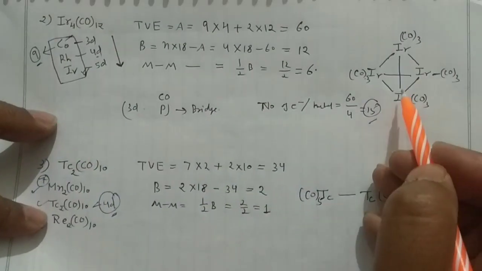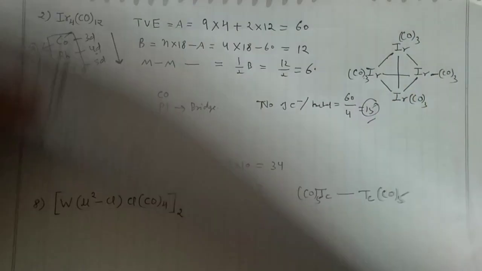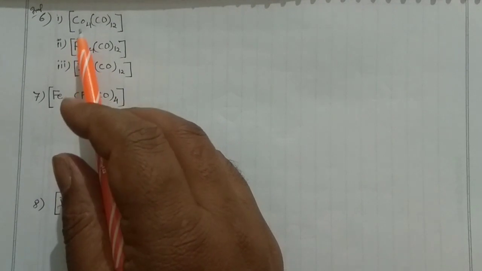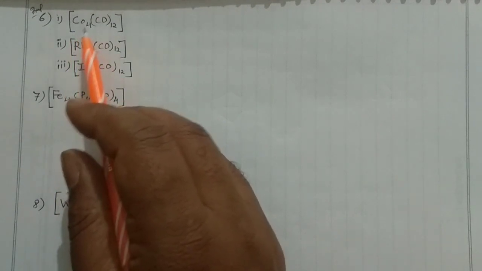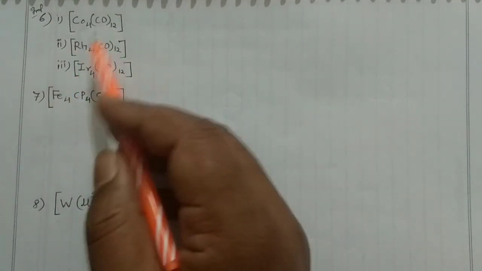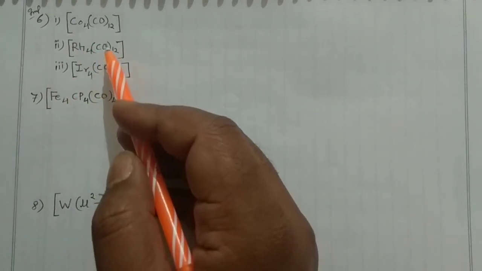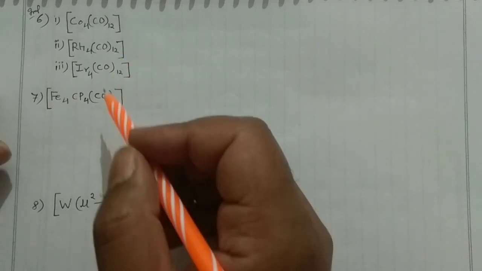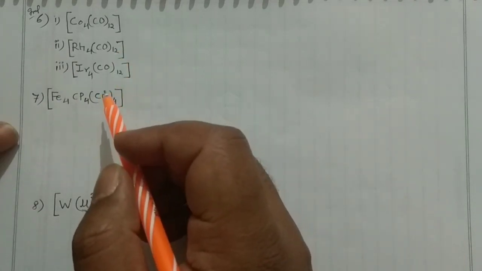The only difference is that whatever I solved for the Ir complex here, Co will have the possibility of having a bridge. So I'm not going to solve this particular problem; you can solve it on your own. Now I am moving to my next problem.